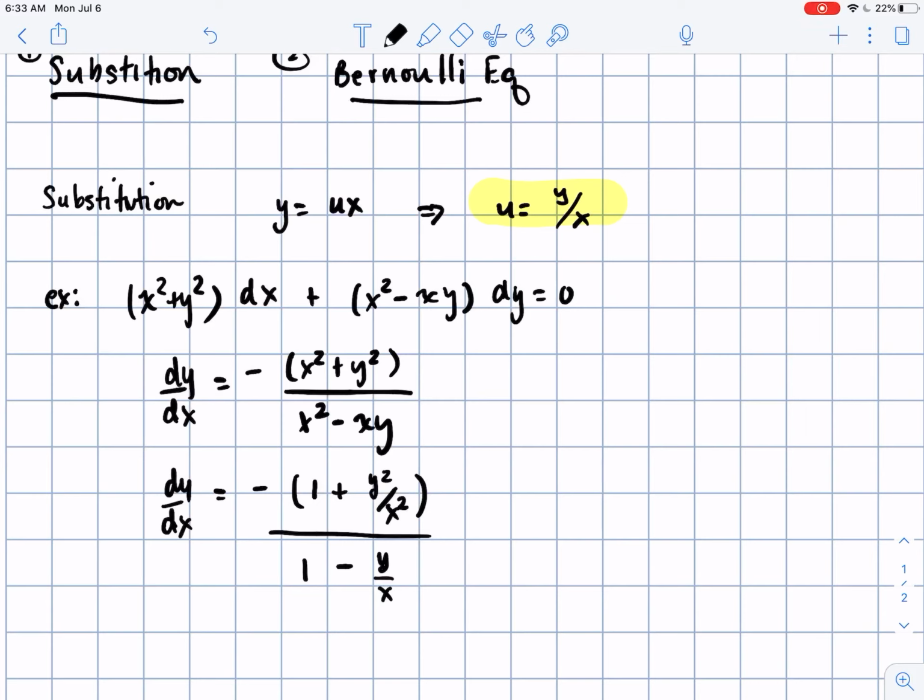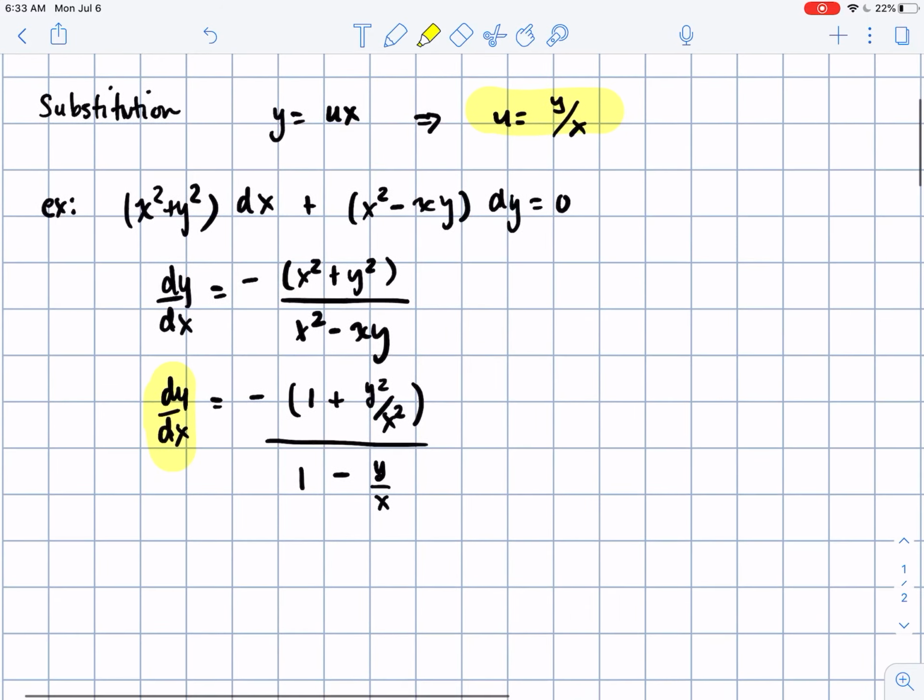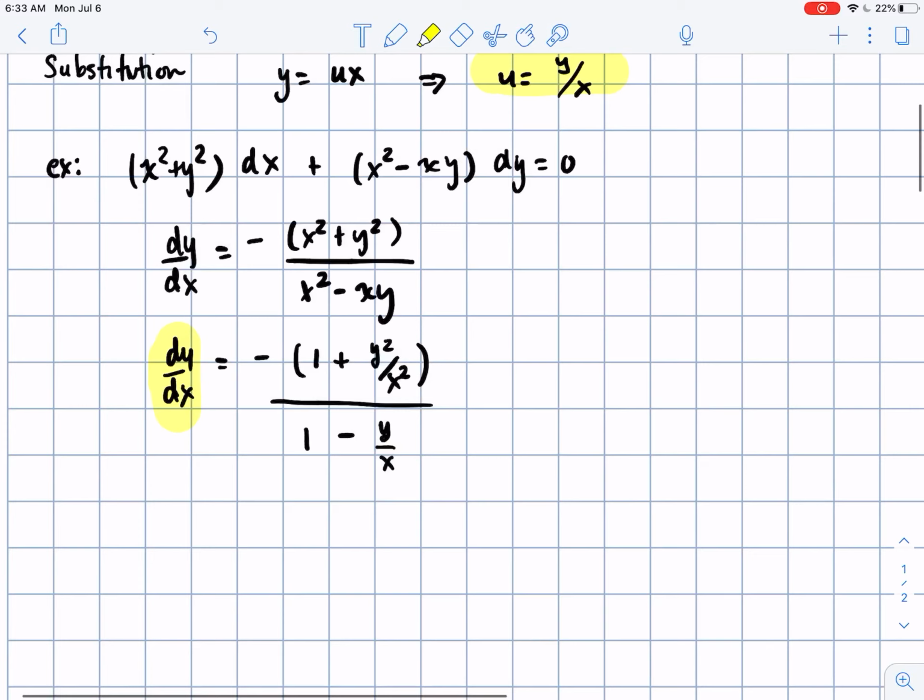Okay, before we do that though, if you're changing the variables, think about when you did u substitution in calc, right? You still have to have something to substitute in for dy over dx, because we're changing everything to just x's and u's this time. It's almost like a u substitution in a sense, right? So you got to have a du.